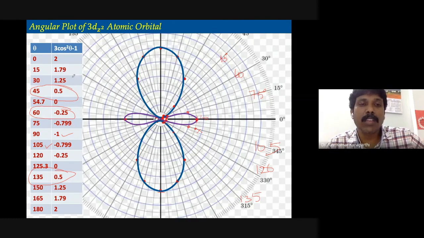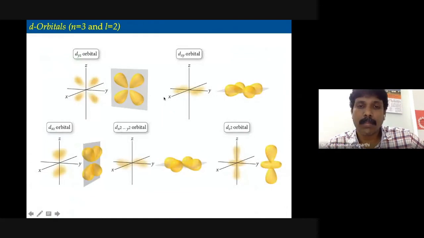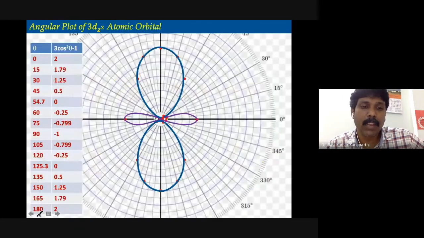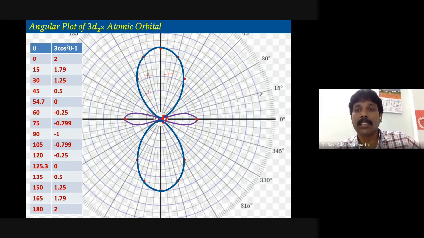Similarly here, you can see that when theta is varying from 0 to 54, it is positive, right? It is essentially positive, and everywhere within this region, the function will be positive. Okay, so then 60 is somewhere here.